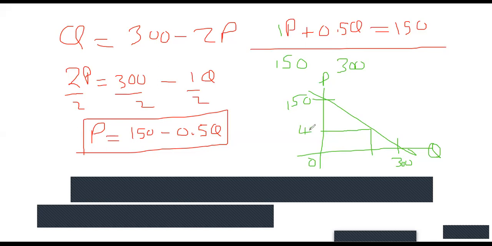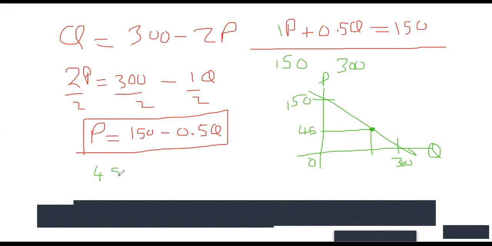First of all, what becomes the quantity here? So we substitute where there's the price, we put 45. 0.5Q is 150 minus 45. What do we get?